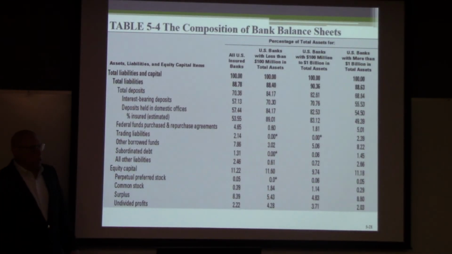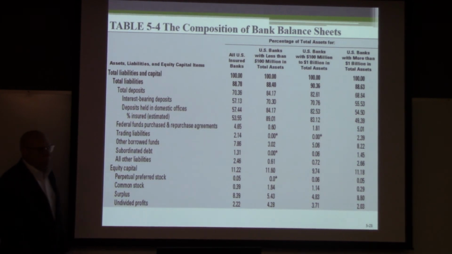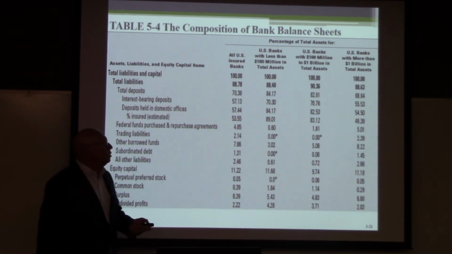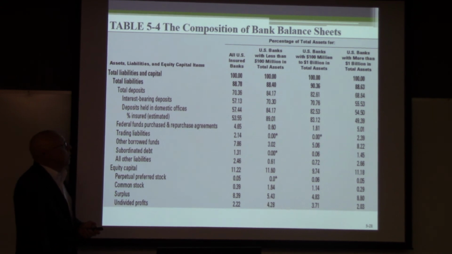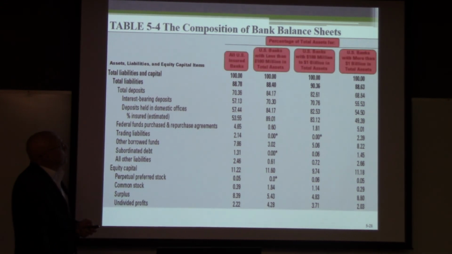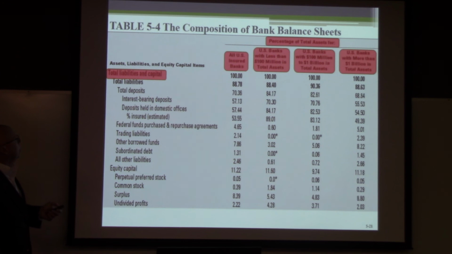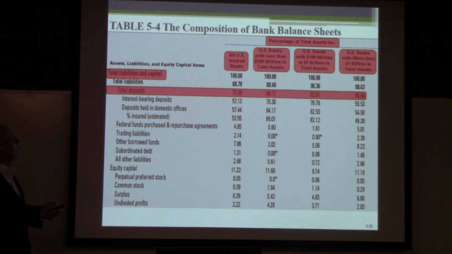All right, let's take a quick look at the liability side, and then we'll take another quick break. All right, so we have percentage of total assets for all banks, small banks, mid-sized banks, and large banks. And so you can see total deposits range from 84% for small banks to 69% for really large banks.